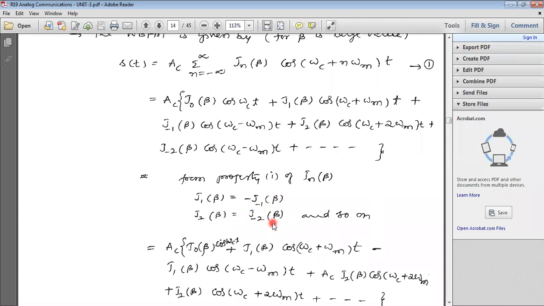So according to that property, if we rewrite the above expression, it becomes J0(beta) cos omega c t plus J1(beta) cos(omega c plus omega m) t.